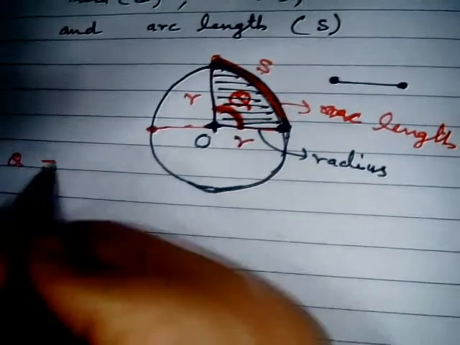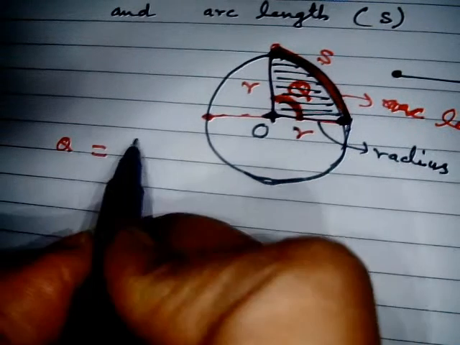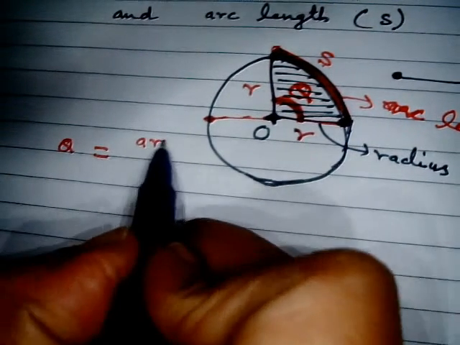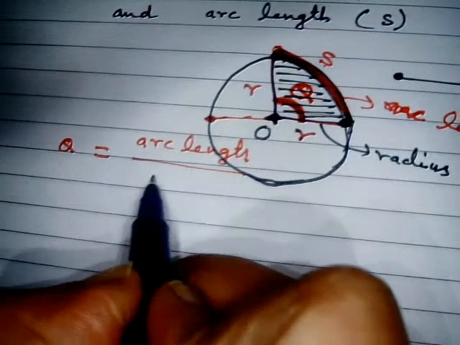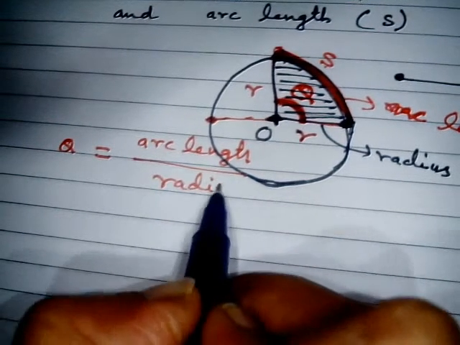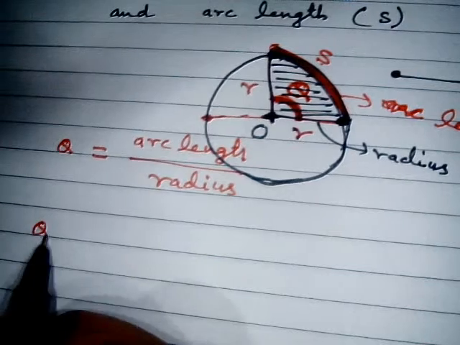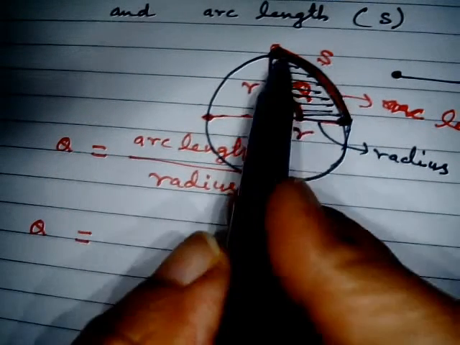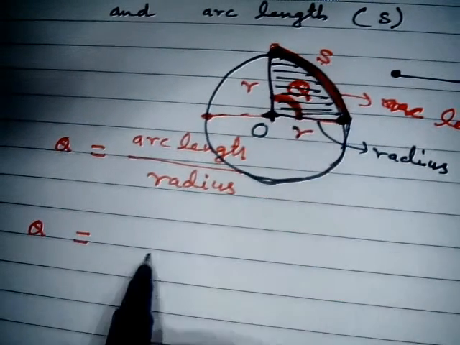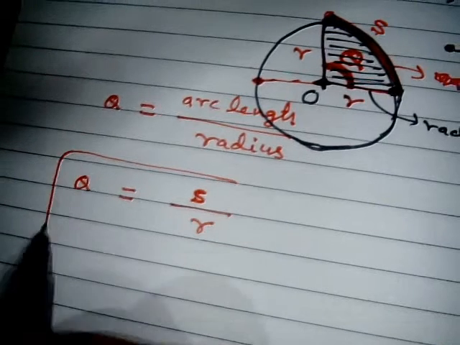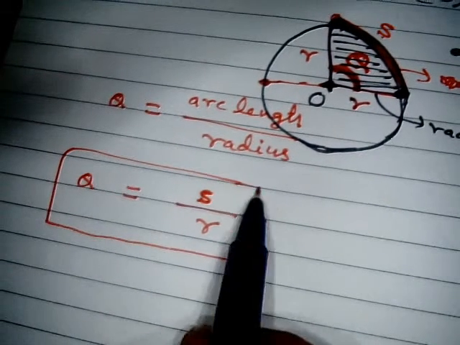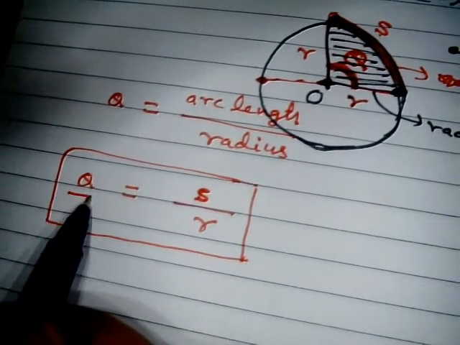That relation is theta equals arc length upon radius. Arc length I am representing here by S, and the radius of the circle is R. This is the one relation which you need to memorize, and this theta is in radian. Why? Because S and R will have some unit.